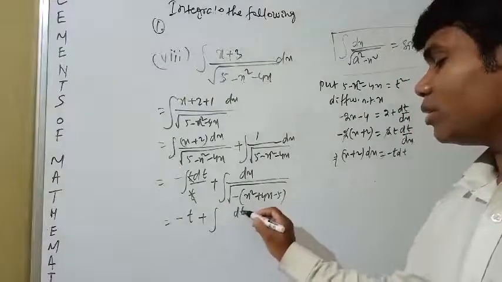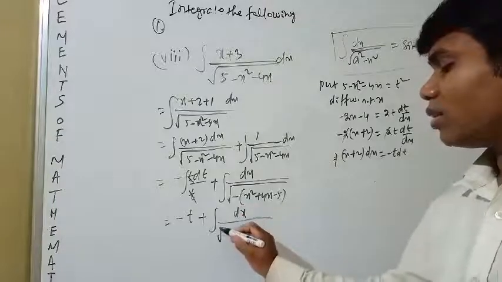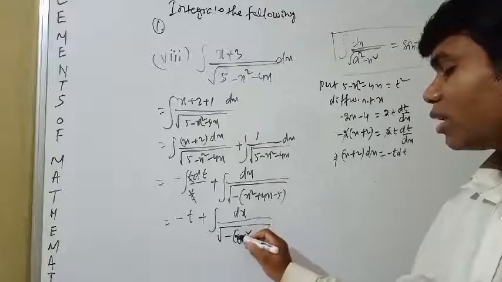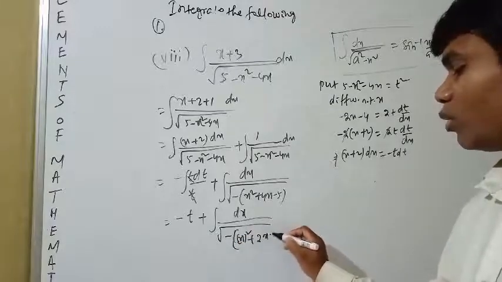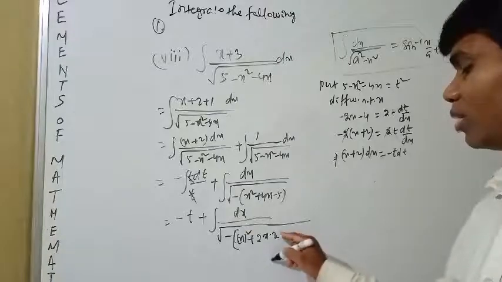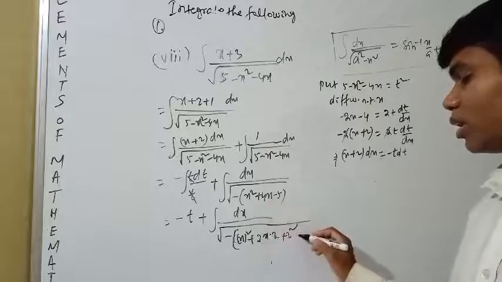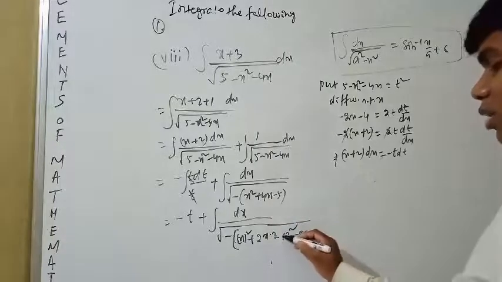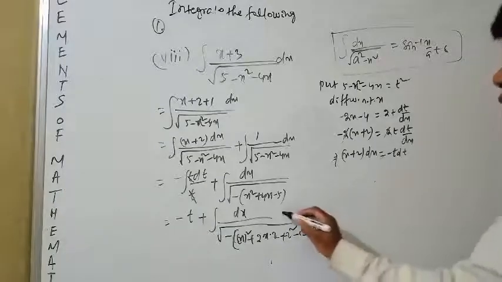this, how much? You see, root over minus x square plus 2 into a into b is equal to 2, that means 2 square. 2 into 2x is 4x, 2 square. Here previously minus 5 is there, so minus 5, 2 square added and 2 square subtracted.